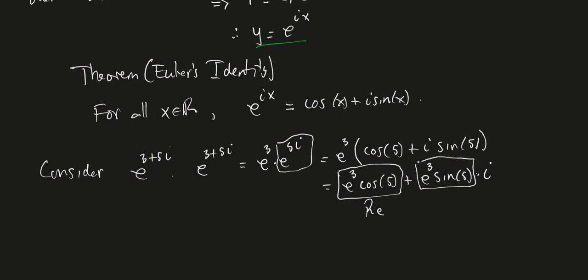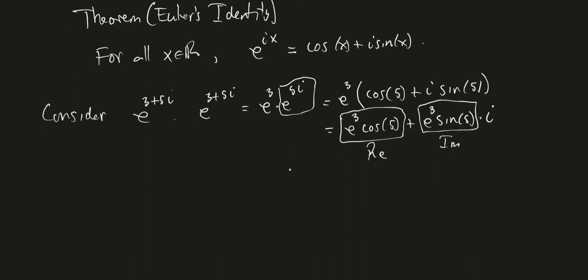So what this identity allows us to do is to take expressions that have a complex exponent, use Euler's identity, and write it in that standard form for a complex number. But notice the coefficients here, right? This is a real number, this is a real number. It's only when you multiply it by i and add them together that you get something complex, right?